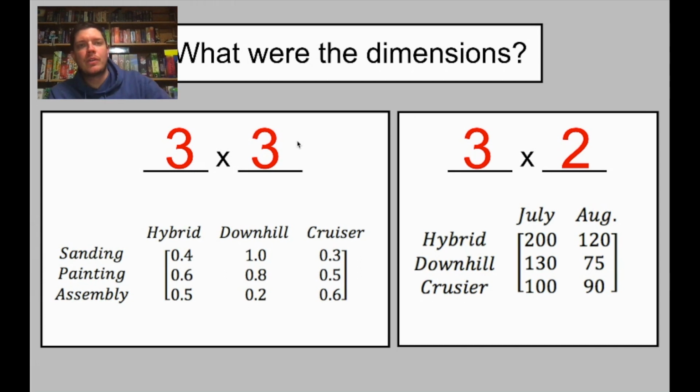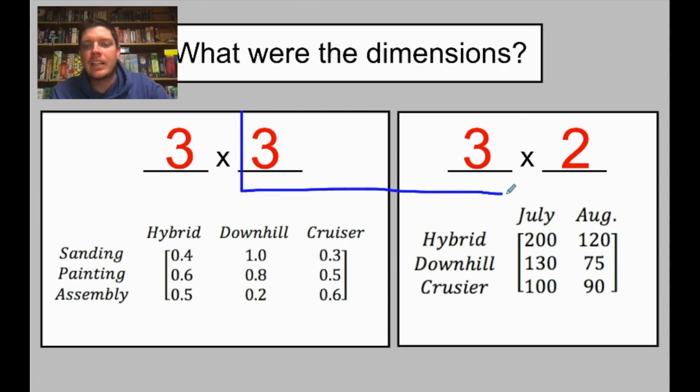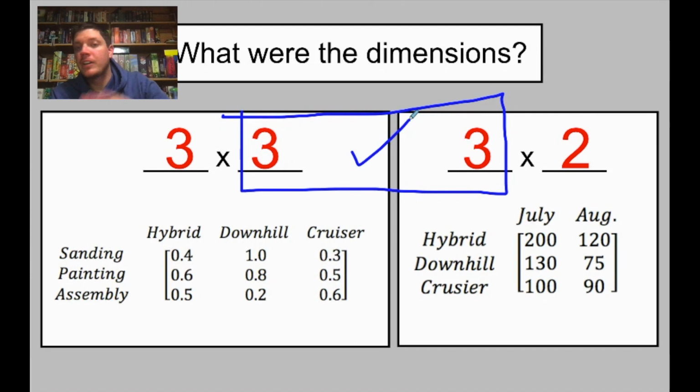To tell if you can multiply two matrices, you line up the dimensions of the first matrix and the second matrix, and look at the two middle numbers. If those middle numbers are the same, you can multiply. If they're different, you can't. So keep that in mind.